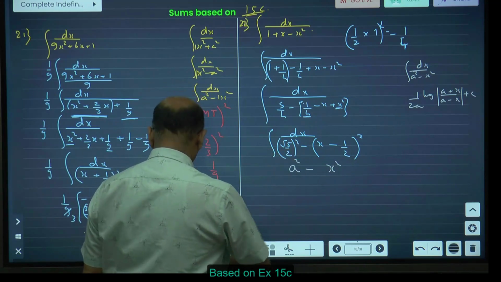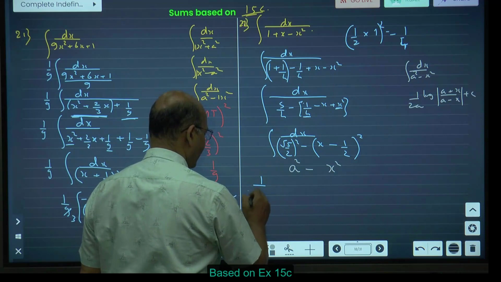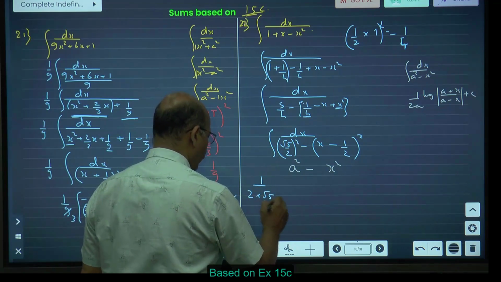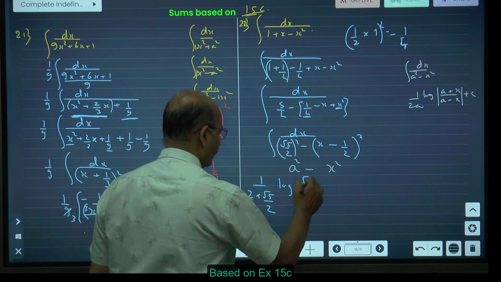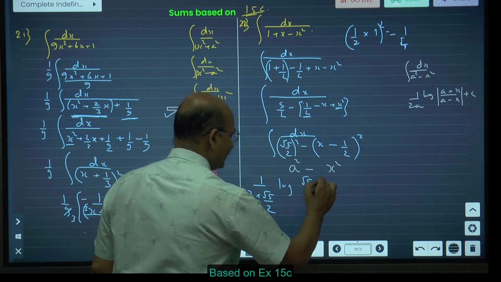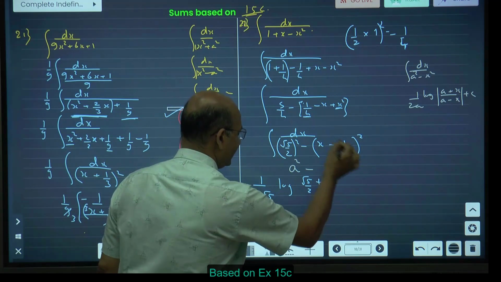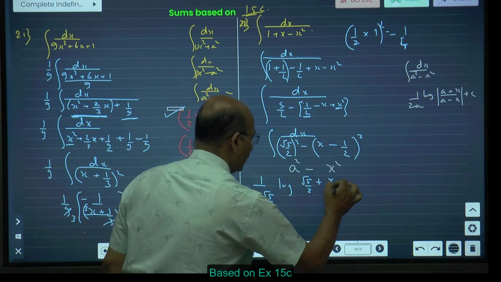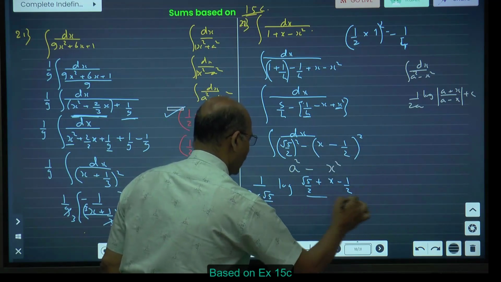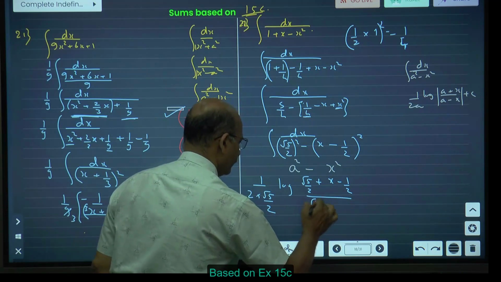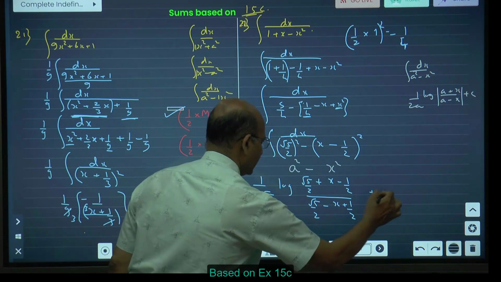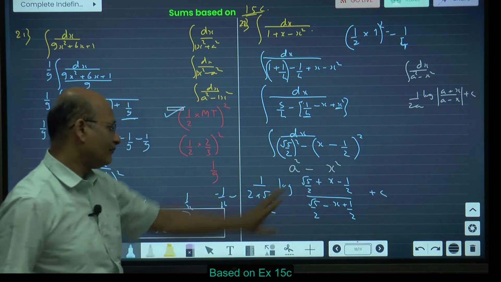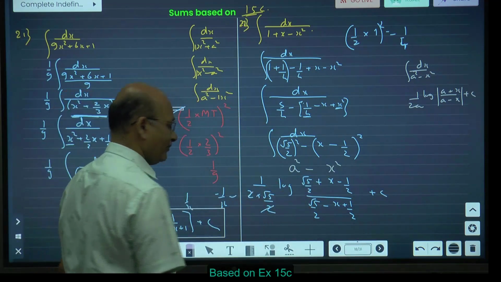So I believe the solution will be 1 by 2 into root 5 upon 2, that is 2a, log of a plus x, this is my complete x, x minus 1 by 2 upon a minus x, plus c. Now after this I just have to simplify. So 2 gets eliminated here.